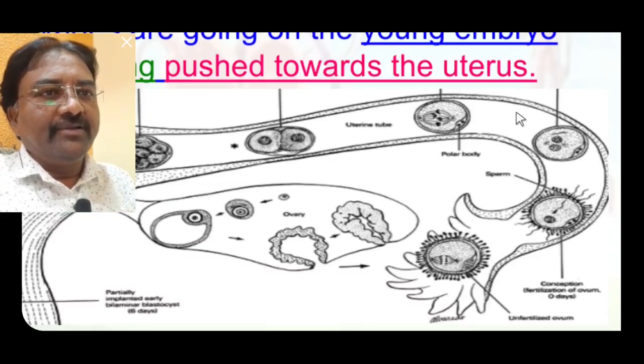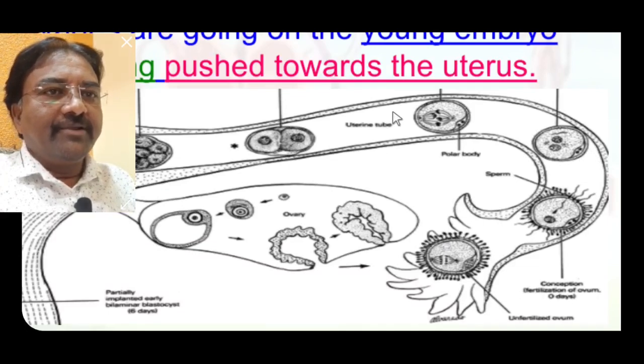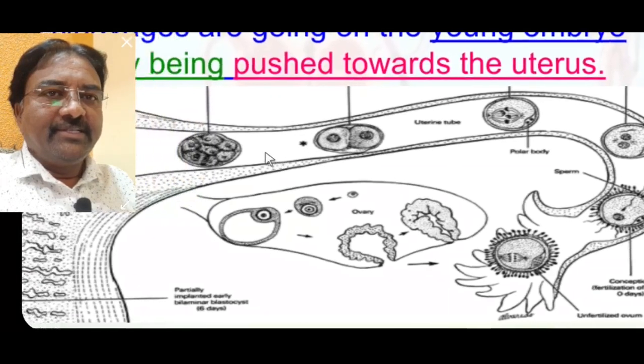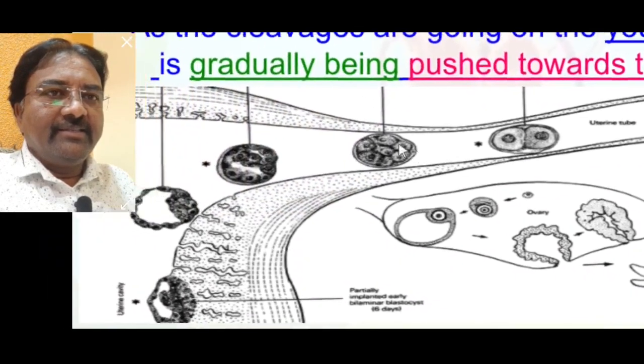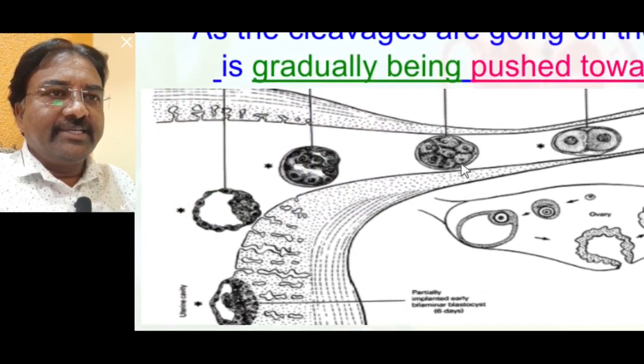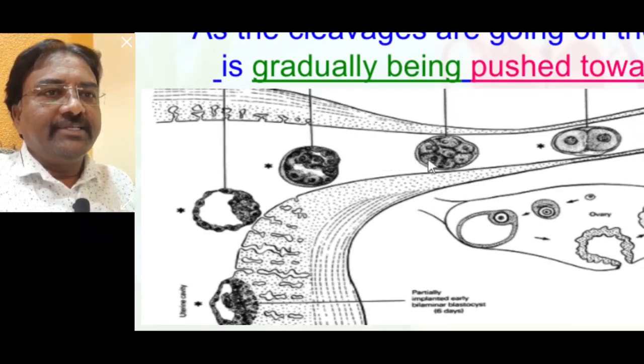The zygote undergoes mitotic division to form the two-cell stage, the four-cell stage, and the 8-cell stage, and these different stages are gradually pushed forward toward the uterus.